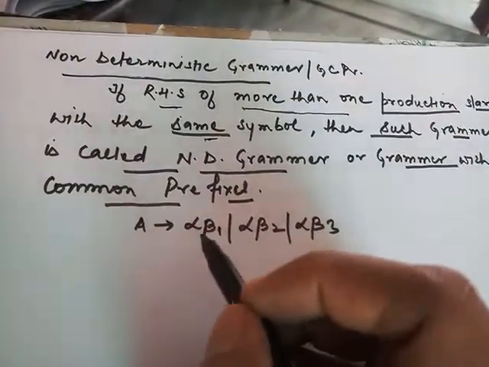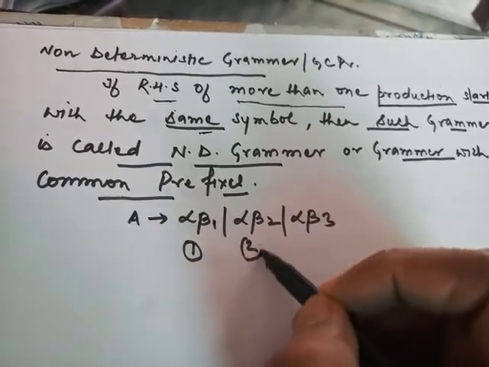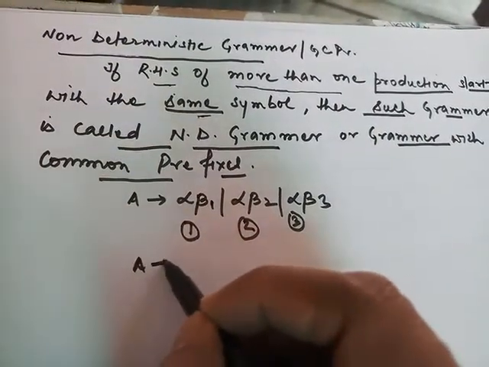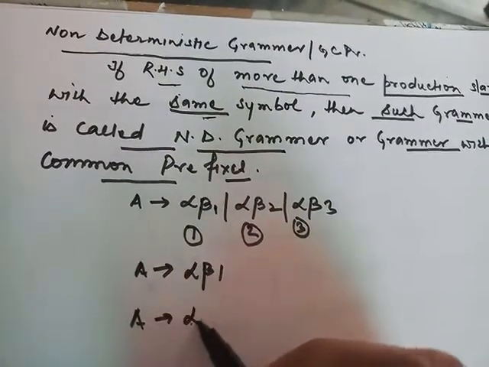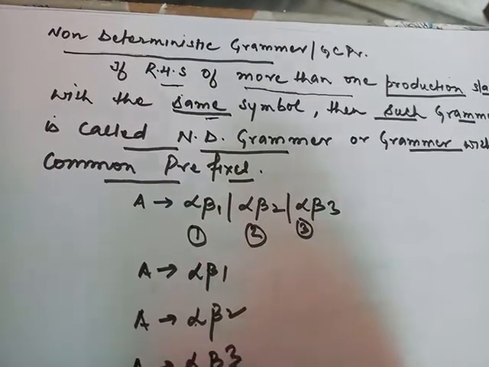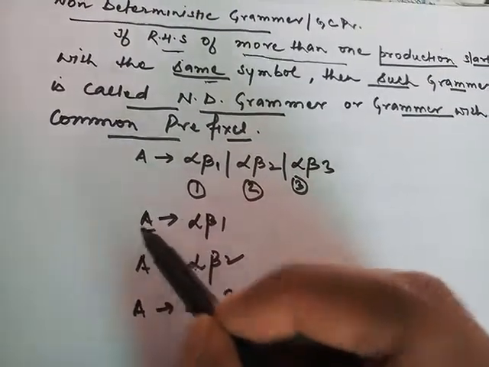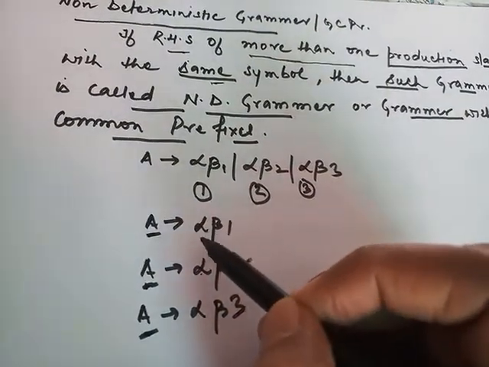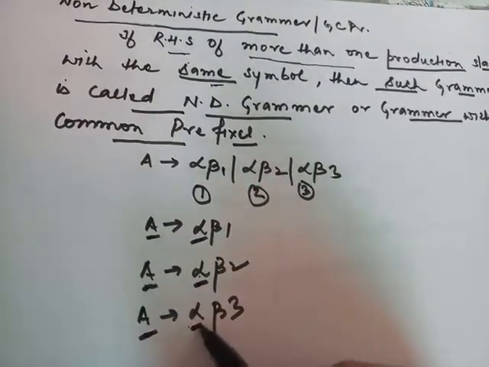Just see this example, where there are three production rules for A. If I write them line by line, it will be like this: A → alpha beta 1, second one A → alpha beta 2, and third one A → alpha beta 3. As you can see, in all three productions the left-hand side is the same non-terminal, and on the right-hand side it is alpha, alpha and alpha.